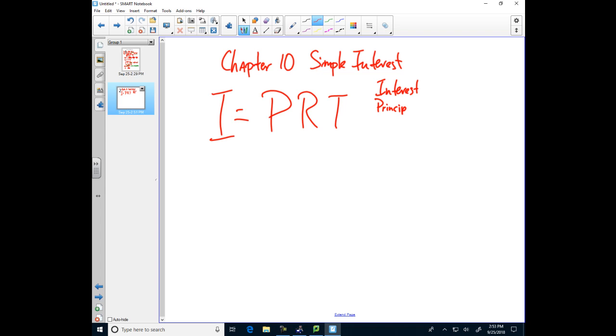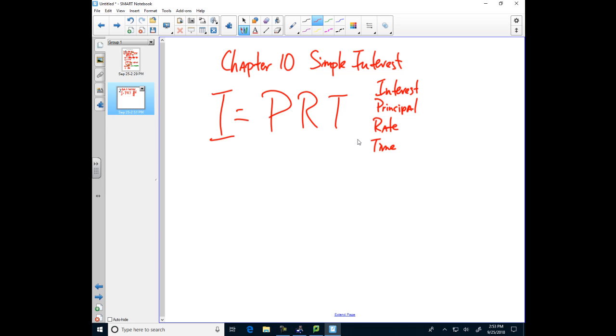Nope, it's PAL: principal, rate, time. We use this formula a lot, and just like the other formulas we've been looking at, you can rearrange it as you need to. You can do basic algebra on it.